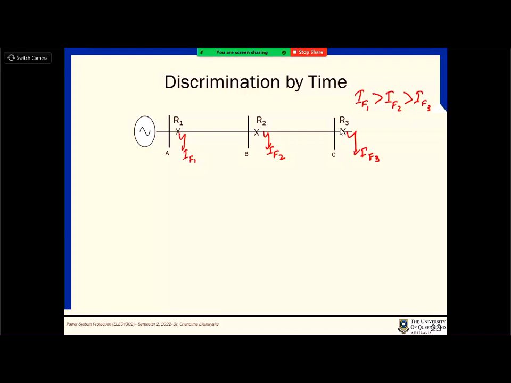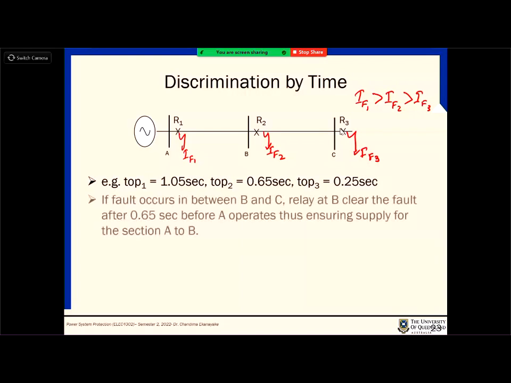Would that be good? No. So that is one of the major problems. You can't just say that a small operating time is good, because the fault current needs to be considered. So this is an example here.